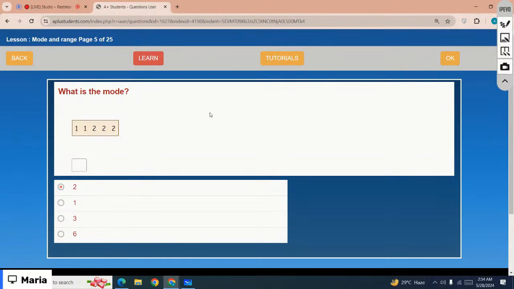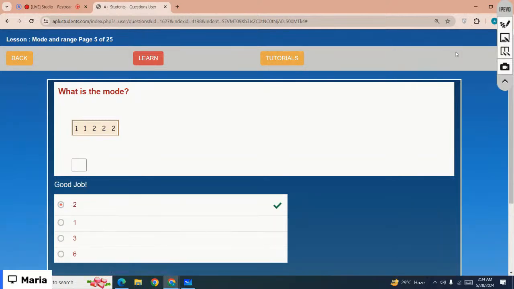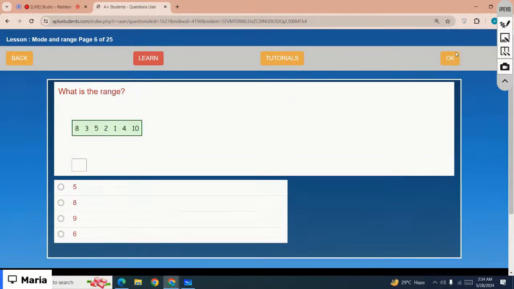The mode value is 2. What is the range? Which is the correct option?